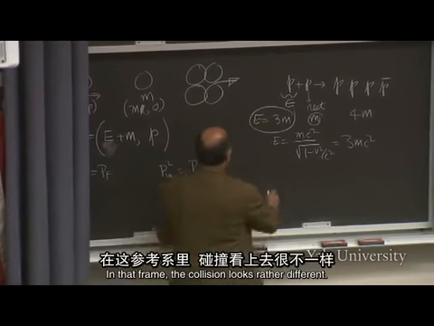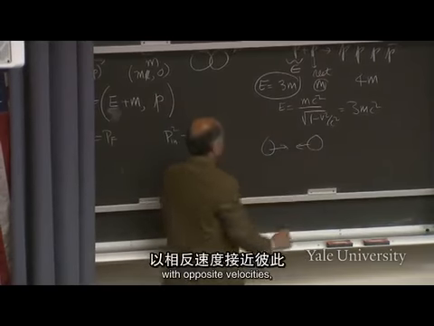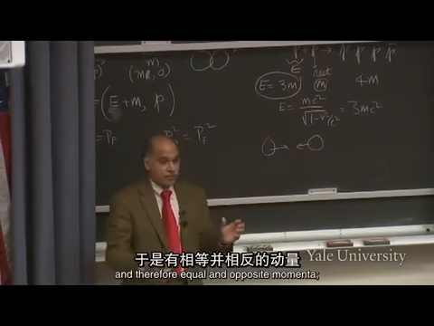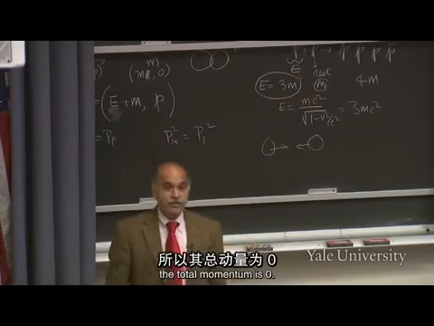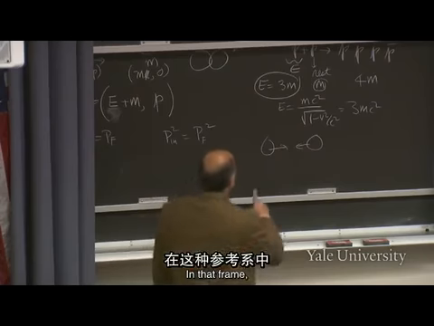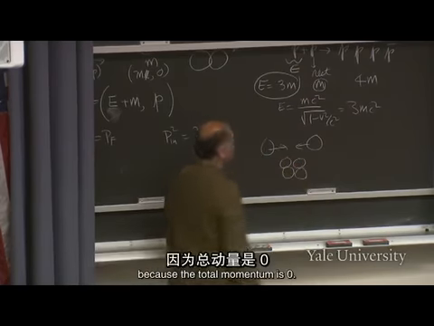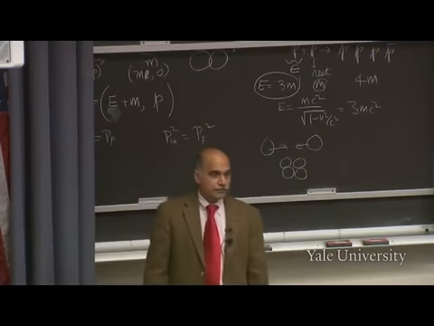In that frame, the collision looks rather different. In that frame, this guy and this guy are approaching each other with opposite velocities and therefore equal and opposite momenta. The total momentum is 0. In that frame, these two guys are allowed to go into four sitting ducks because the total momentum is 0.